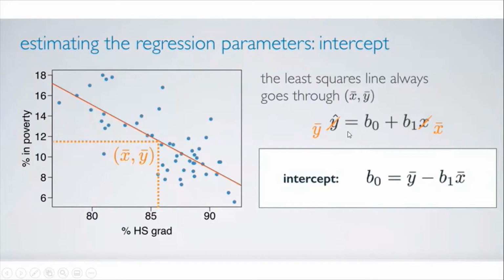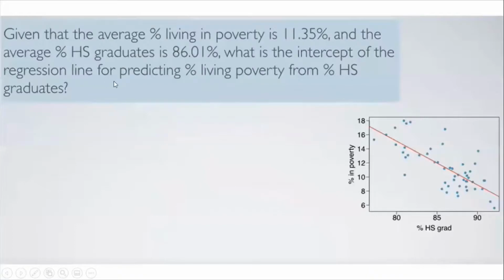Anyway, this is the intercept. What is the intercept? The intercept is the value of predicted y when x becomes 0. Let's take a look at this example again.